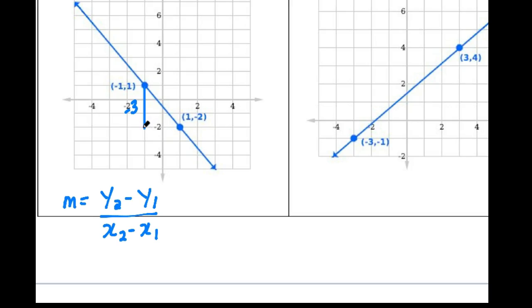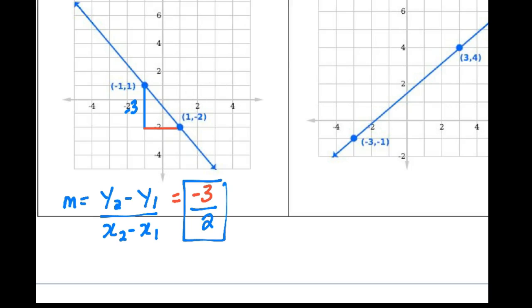And then I'm going to see how far do I have to go left or right, the run. So I go 1, 2 spots, okay? So my change y2 minus y1 was negative 3. It went down 3 units, okay? And I went to the right 2. And it doesn't matter which direction I go, okay?